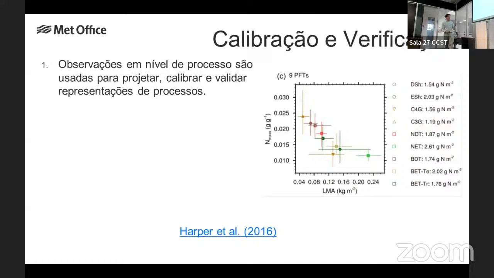This is calibrating those plant functional types in terms of their nitrogen demand, and leaf mass area, I think, or the nitrogen leaf content, the leaf mass area. So you can use in situ observations to constrain the nutrient cycle of it.